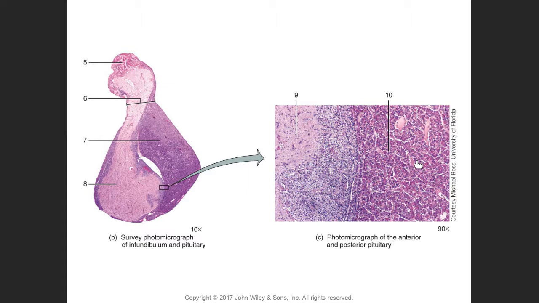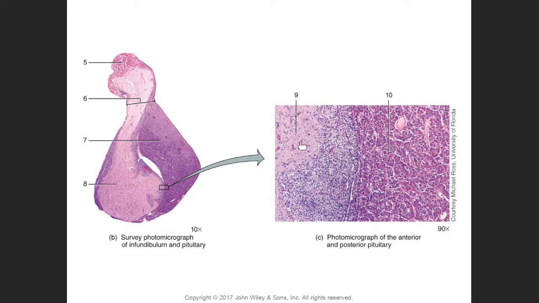I told you that we have 3 types of cells. One type of cell is basophilic. The color is blue. One type of cell is acidophilic, which the color is red, and one of them are chromophobe. They don't like color. They are colorless or pale.